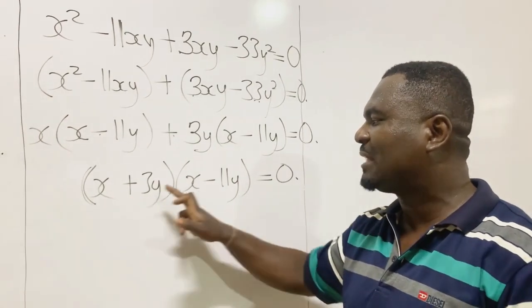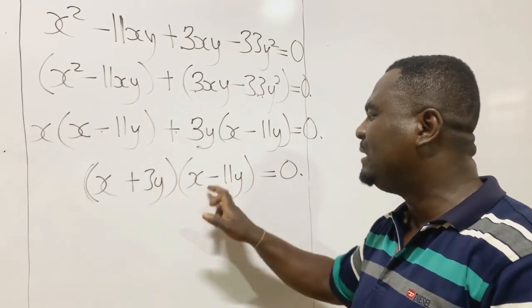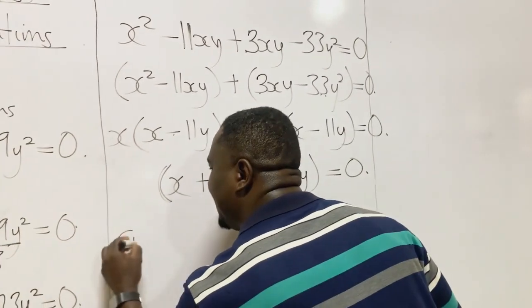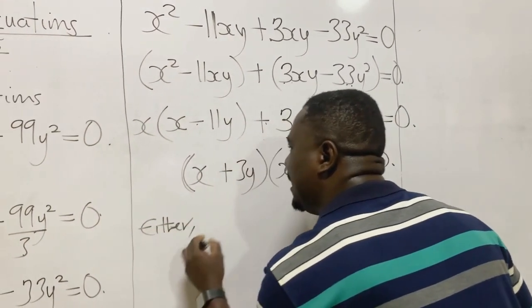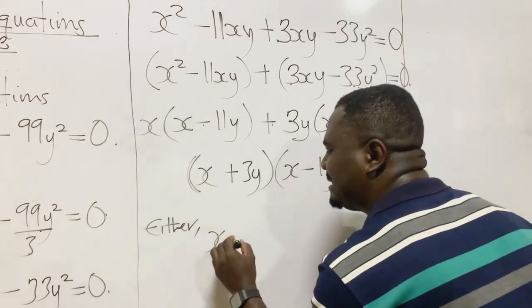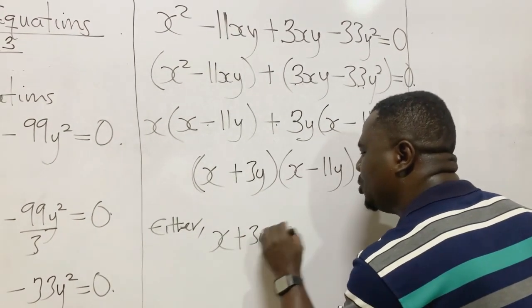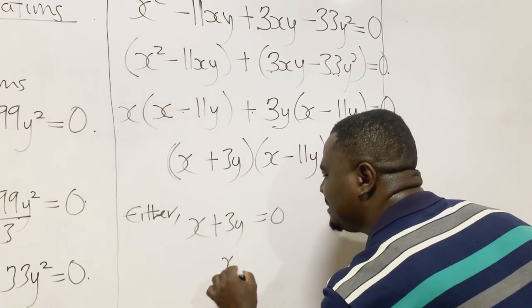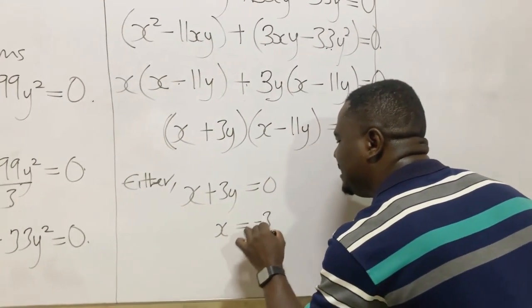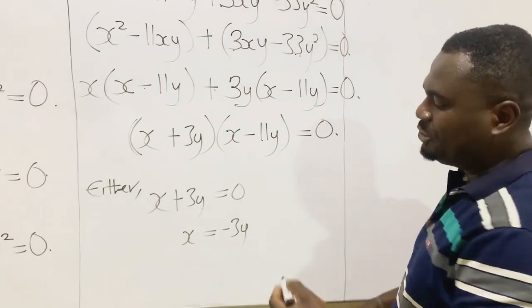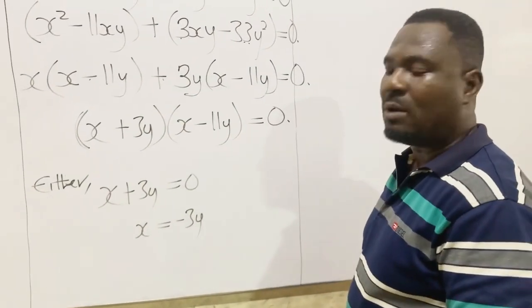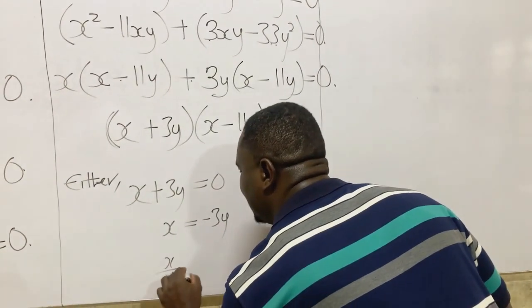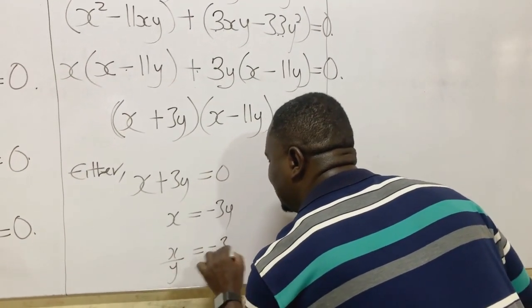So we are going to solve for the factors. So once the 2 factors has been equated to 0, then the idea is either you put the first factor, which is x plus 3y equal to 0, then you solve for it, which is x is equal to negative 3y. You can choose to make x on y the subject by saying x on y is equal to -3.